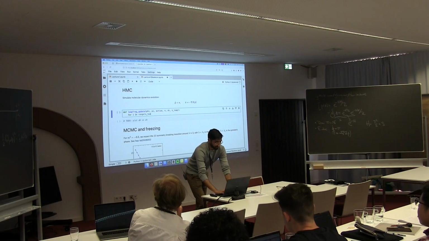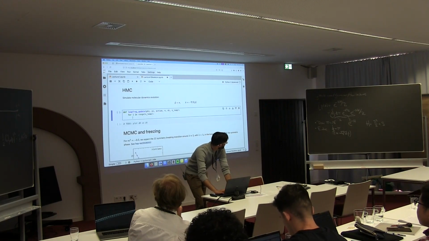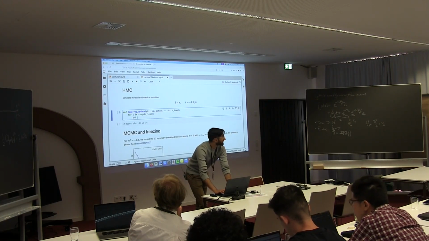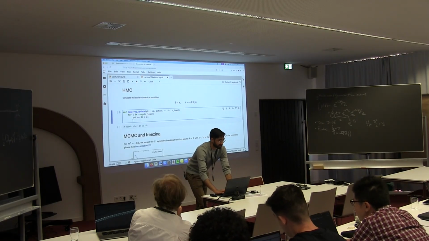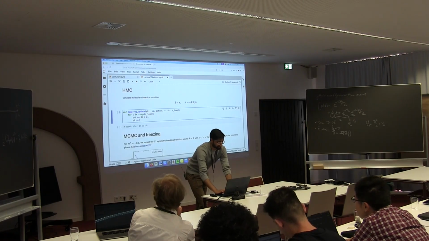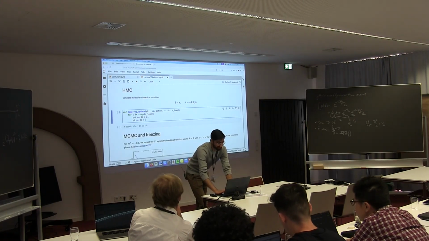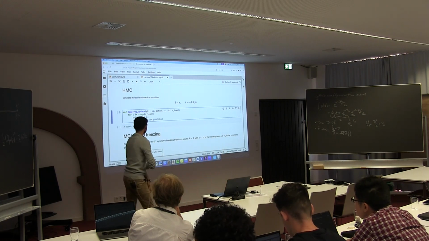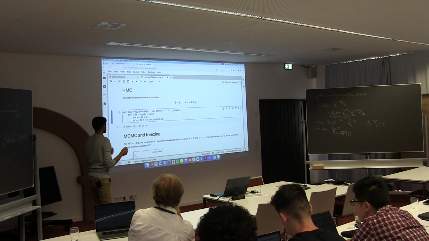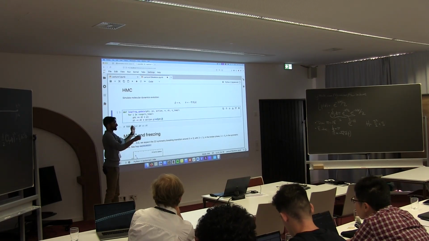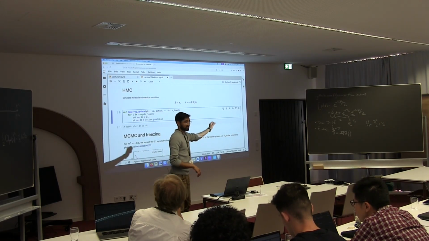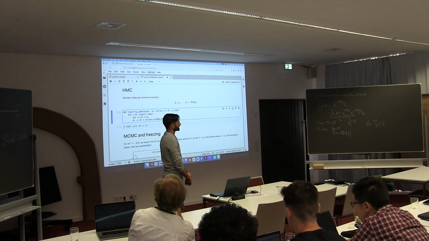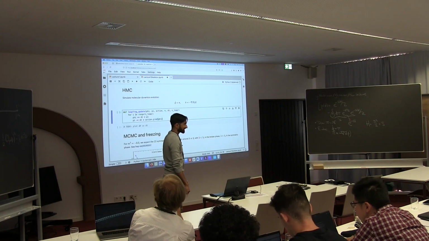Let me iterate over those steps: my phi on a given step, I should add dt times my pi. Easy enough. And my pi on the given step, I should subtract dt times the gradient of the action evaluated at phi. Because we've built up all these components, and because PyTorch takes care for us of doing this across the whole array at once, writing down this evolution equation is basically just two steps.